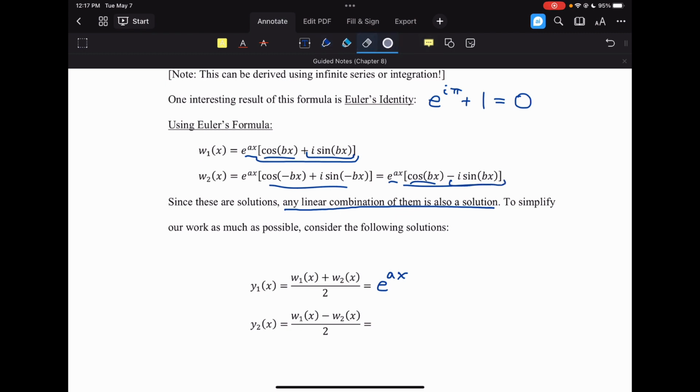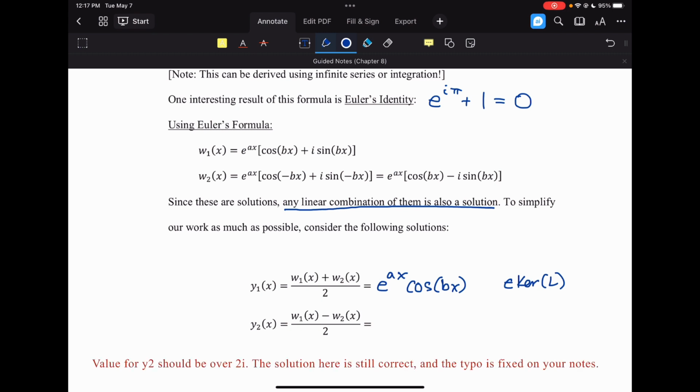So we have 2 cosine, and then divide by 2, we just get cosine of bx. And this would be an element of the kernel of L. In other words, a solution to the differential equation.